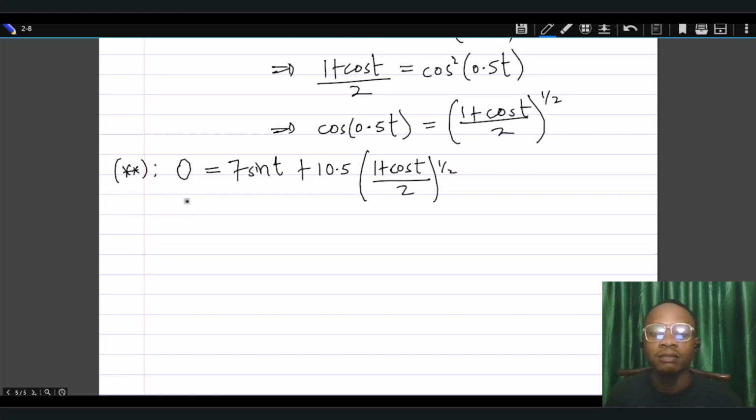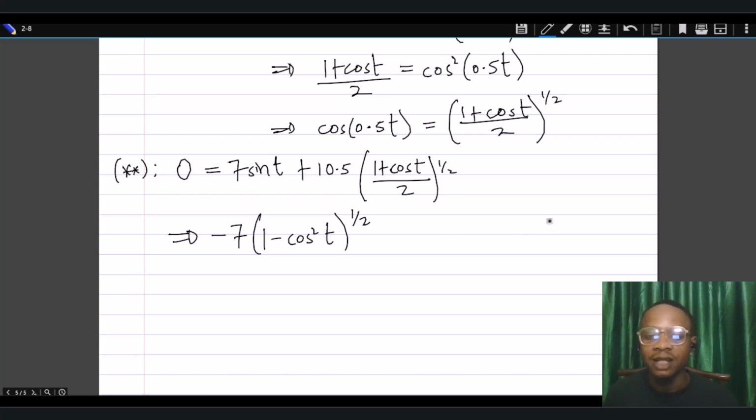So when we separate this out, we're going to have minus 7 into the root of 1 minus cos squared t, all to the power of 1 over 2. Hope you understood what I just did. I just moved this to the other side, so that's what brought about the negative sign. And instead of sine t, we have the square root of 1 minus cos squared t.